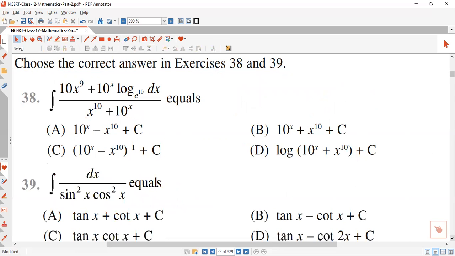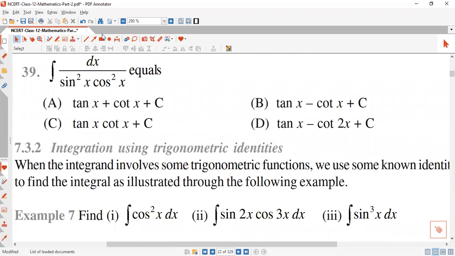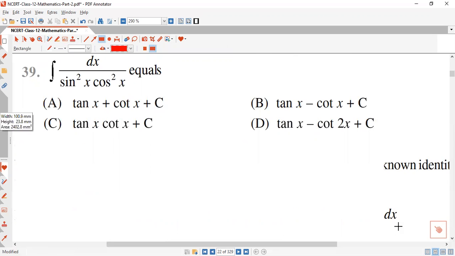Now, question number 39. This is the last question of this exercise 7.2. So you have to solve this one and find the answer. Here both are denominators. I want to make tan terms, with sine square x and cos square x in the denominator.